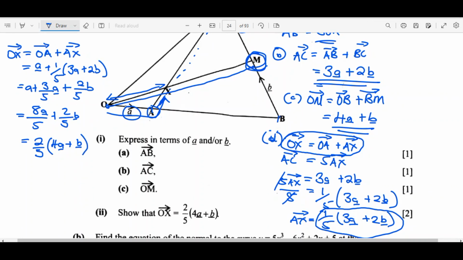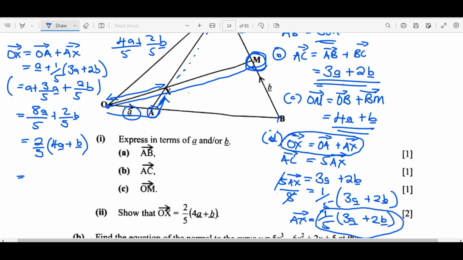So that is what we mean: when we multiply this 4 times 2, we're going to have this one here. Or in short, when you reach here, you'd find 4a over 5 plus 2 over 5b.